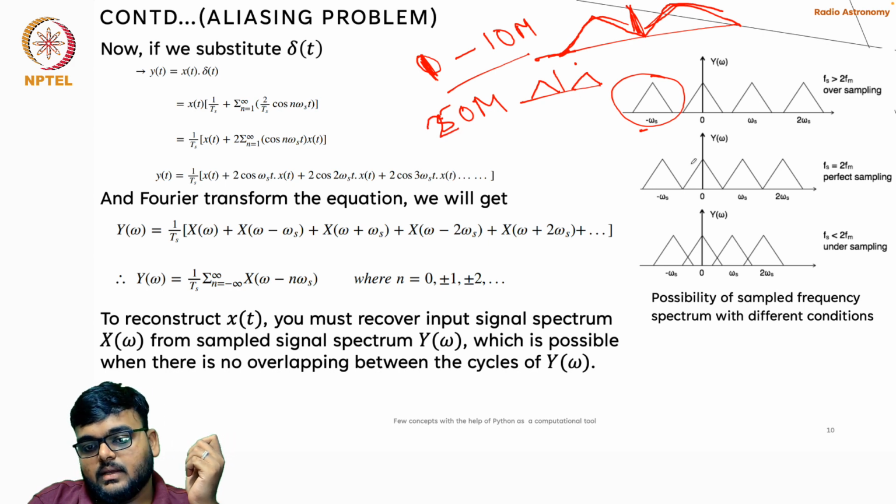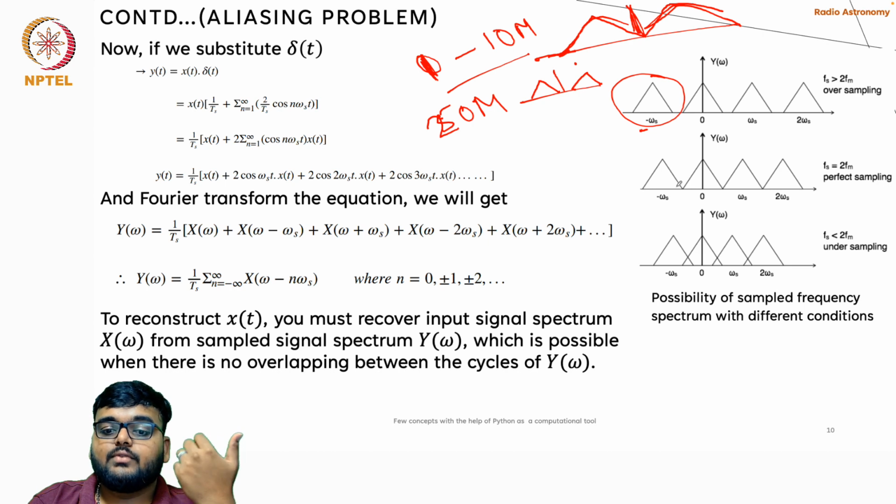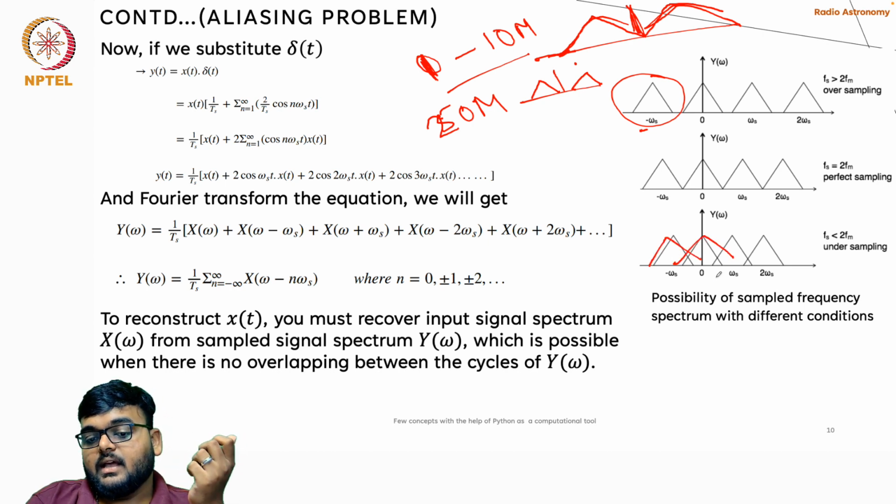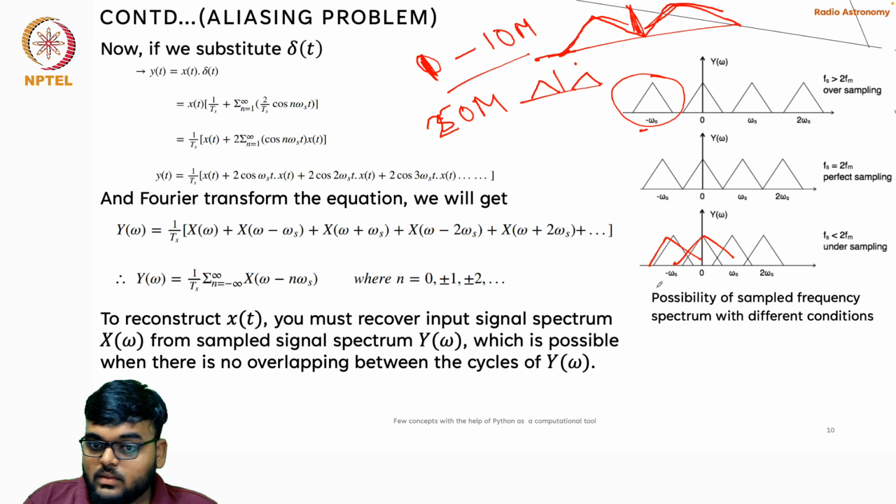It will be the same, you will get the same kind of pattern. But if you decrease it further, you will see an overlap in frequency. This is very difficult to understand in the frequency domain. So we will take it into the time domain and see how and why this is important.